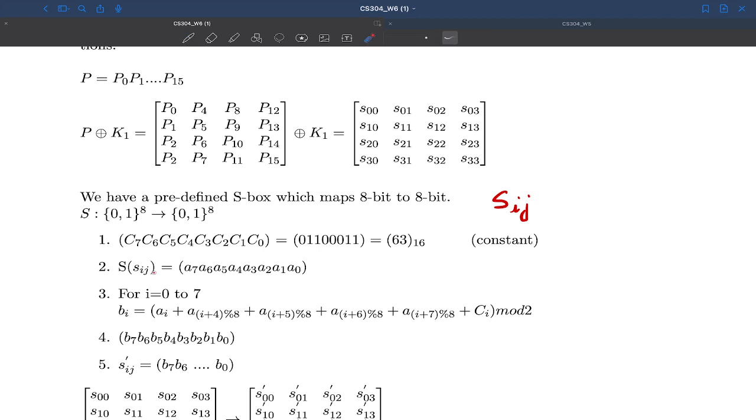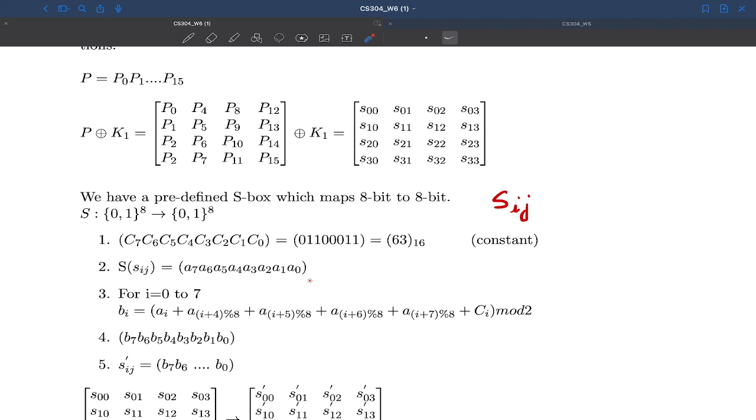So in the second step, S box is applied on this Sij entry. What S box does is that it takes that 8-bit string and returns another 8-bit string.